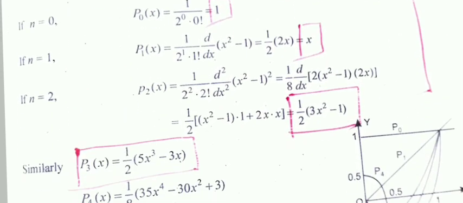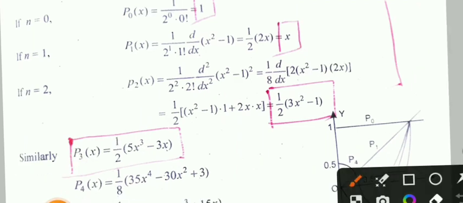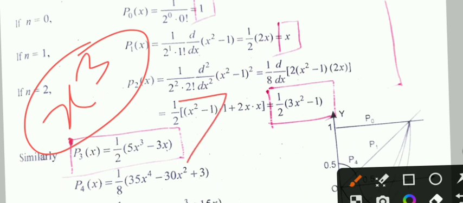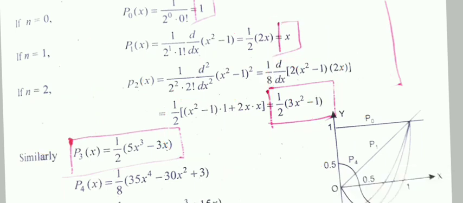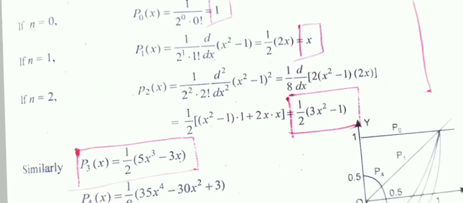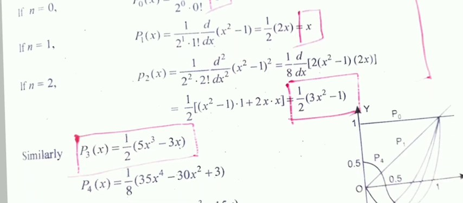We have to remember only these four values, because the function is always given up to x cubed and does not exceed it. If it exceeds x cubed, it is more complicated. X cubed means P3 of x, so we have to remember the Legendre functions only up to P3 of x.